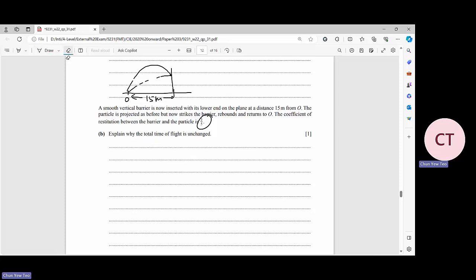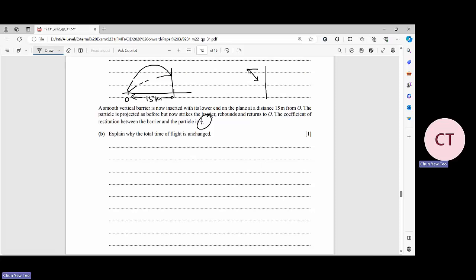So over here, if you look at the motion, right before you hit the barrier, this one involves the collision. So right before you hit the barrier, you are moving in this way.